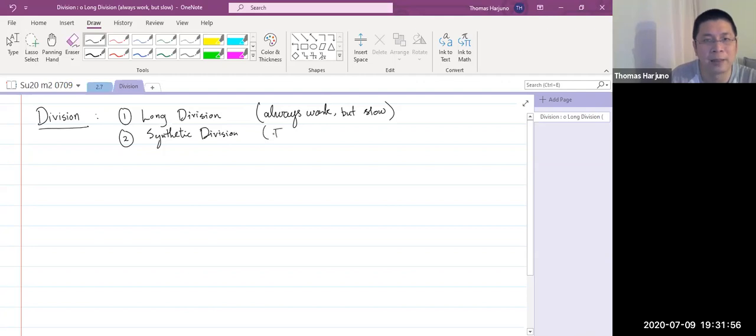That's fast, but only when the divisor is in x minus c form.